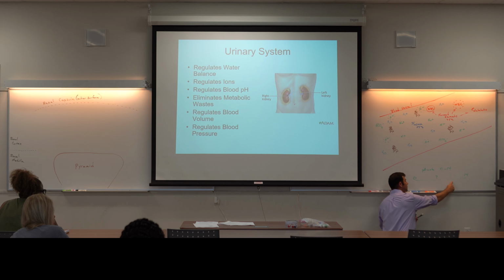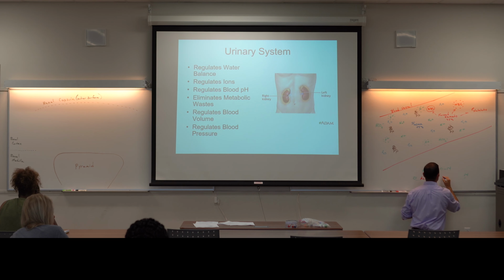Below 7 or above 7 as our midpoint? That's right. So this is our acidic blood versus basic or alkaline blood. So alkaline is anywhere between 7 and 14.